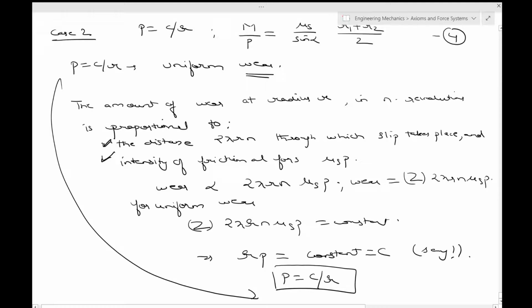By uniform we mean the dependence of this normal pressure P with R. So for any given number of rotations, any given friction coefficient, P will be inversely proportional to R for uniform wear.